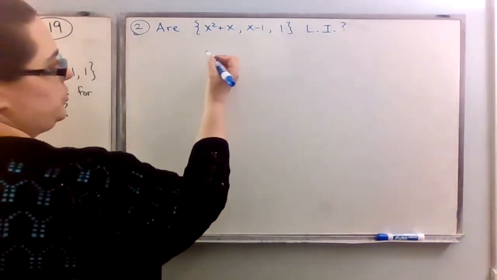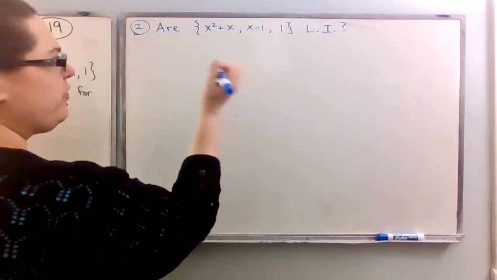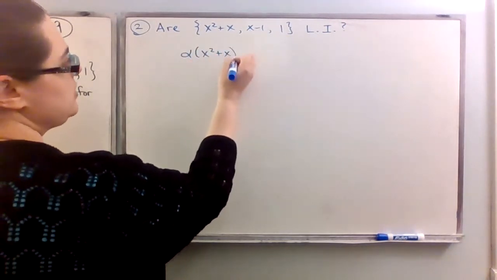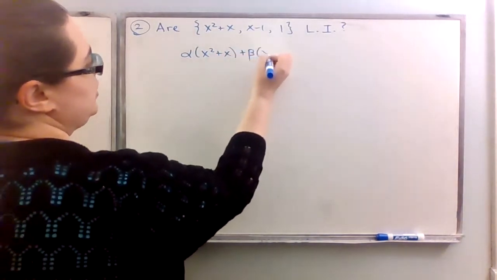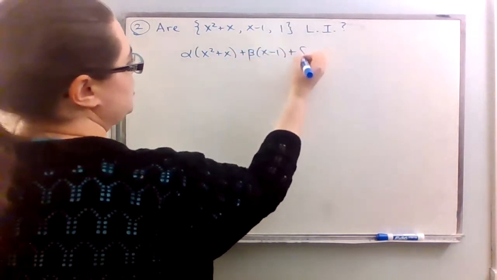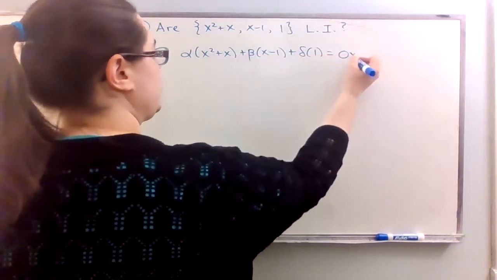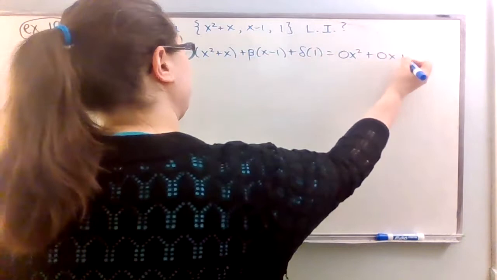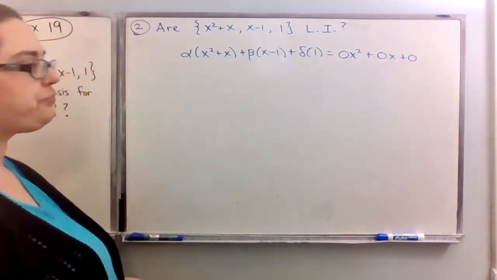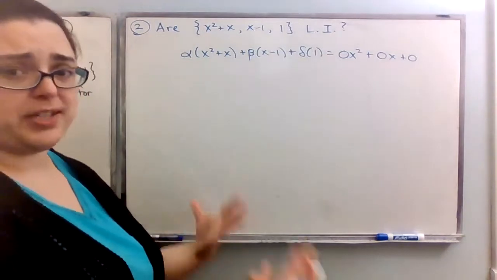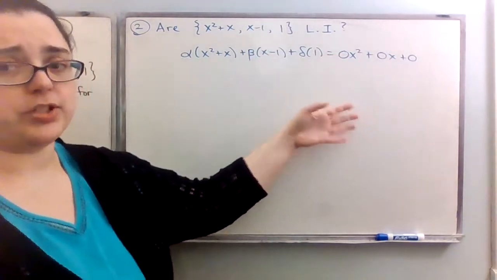So I'm going to do, let's stick with alpha, beta, and delta. So we'll do alpha times x squared plus x, plus beta times x minus 1, plus delta times 1, equals the 0 polynomial, which is 0x squared plus 0x plus 0. And we're going to do the same thing we did before, except now instead of a, b, and c, we just have zeros as our coefficients.